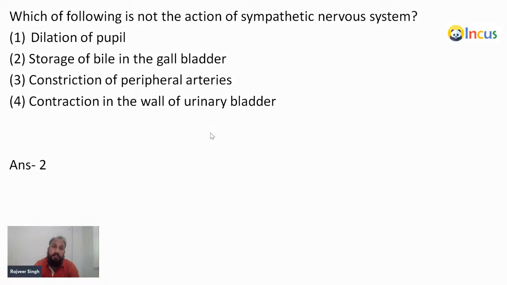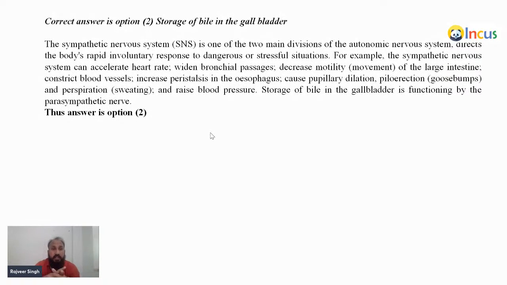Storage of bile in the gallbladder. Because the sympathetic nervous system, SNS, is one of the two main divisions of the autonomic nervous system, directing the body's rapid involuntary response to a dangerous or stressful situation.